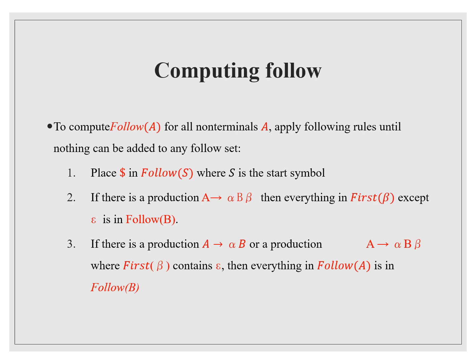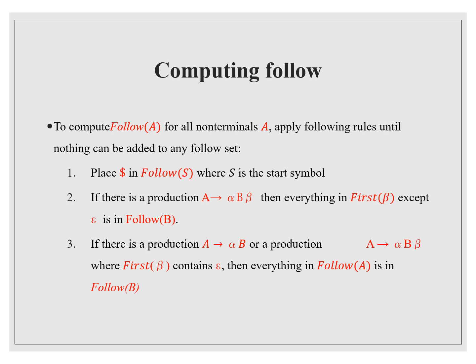One production is A derives alpha B and the other production is A derives alpha B beta, where FIRST of beta contains epsilon, then everything in FOLLOW of A is in FOLLOW of B. Consider the first case, A derives alpha B. Then what is FOLLOW of B? That is nothing but FOLLOW of A. You just copy whatever the set contains in FOLLOW of A to FOLLOW of B.